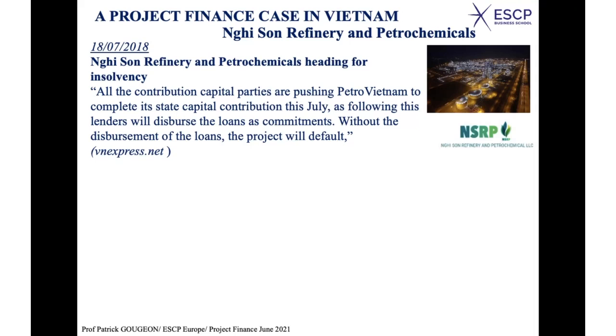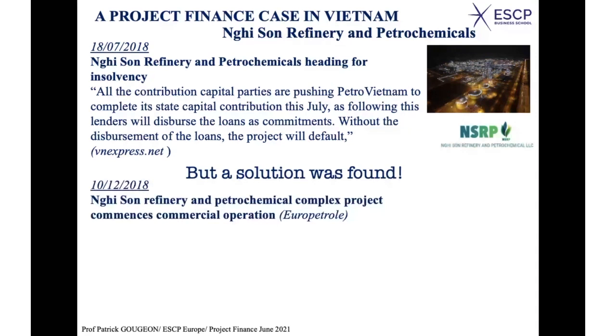That's the typical kind of story. And it is typically what happened for this refinery in 2018, so that it was really close to the default. But a solution was found at the last moment, and the company could start operation in December 2018. Okay, but it took a bit of time.